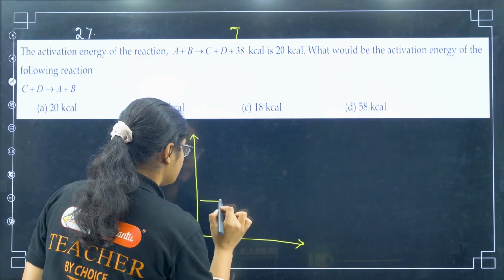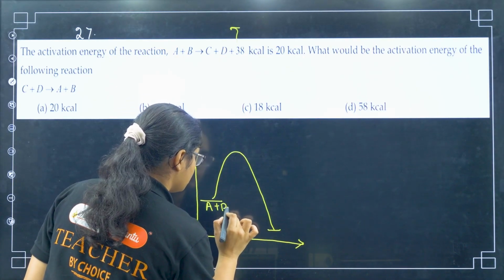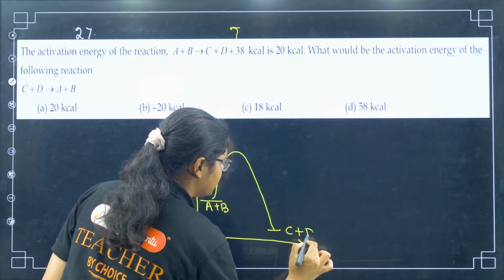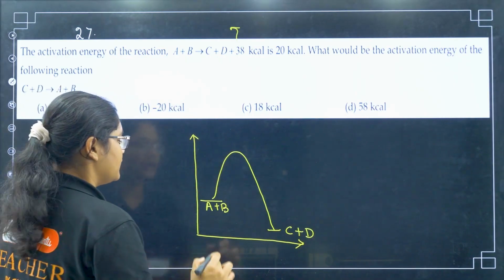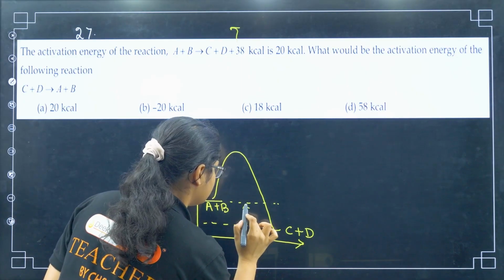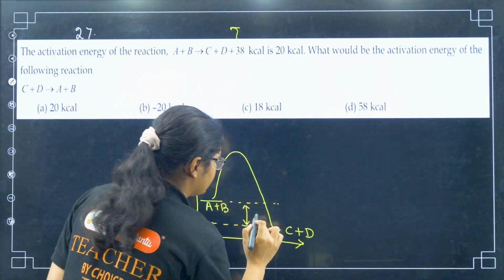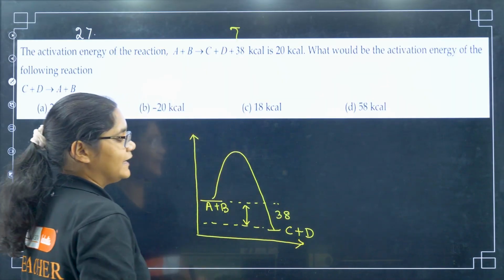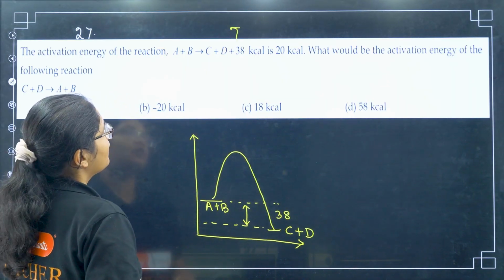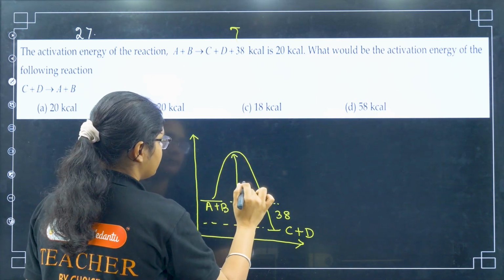So A plus B gives me C plus D. This value comes out to be 38 kilocalorie. Now the activation energy for this one is 20 kilocalorie.